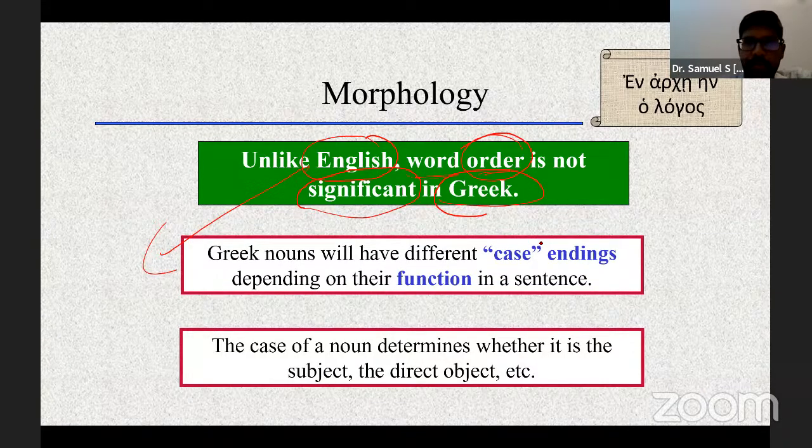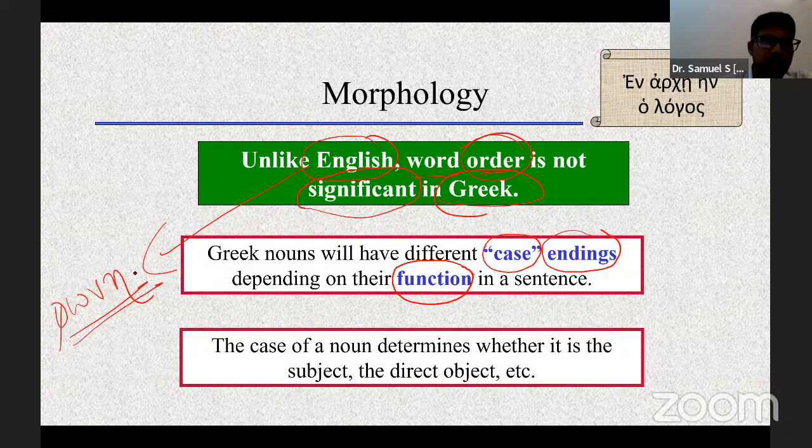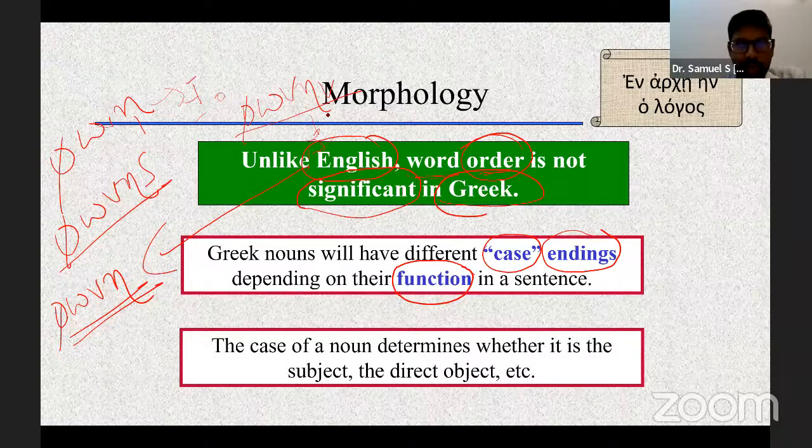Greek nouns will have different case endings depending on their function in a sentence. We just saw, right? One communicates subject. Phones communicates possession. Phone with the iota subscript communicates dative, indirect object. Phonen communicates accusative, right? Direct object.